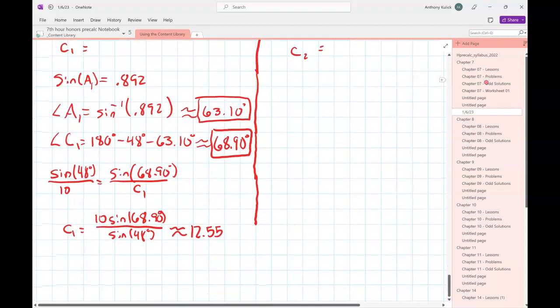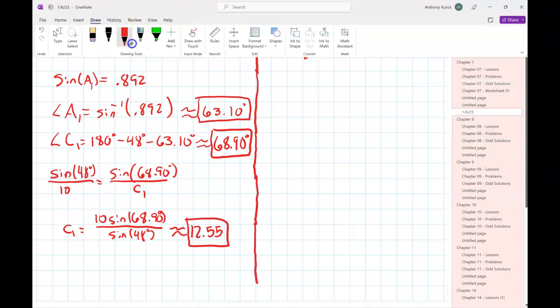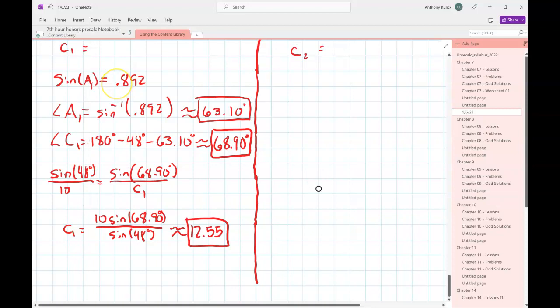I don't think we did. Okay, so triangle 1, basically the same process that we've been doing, right? Nothing tricky here.